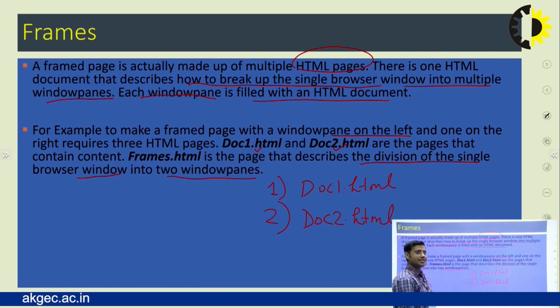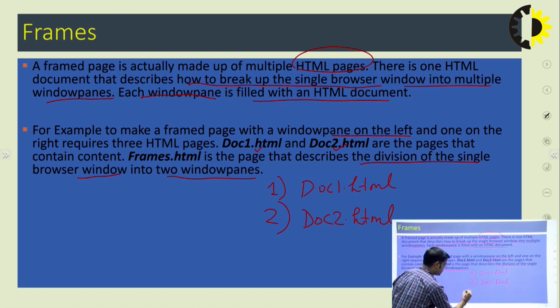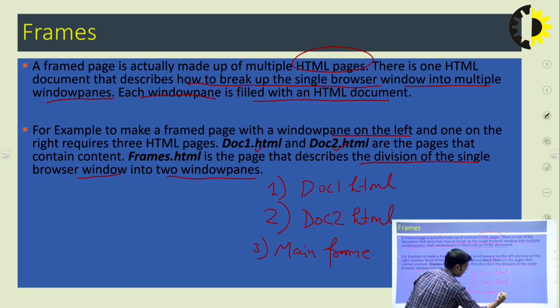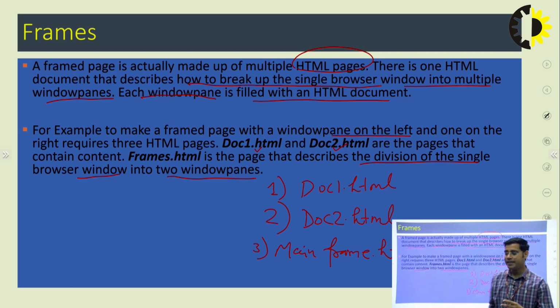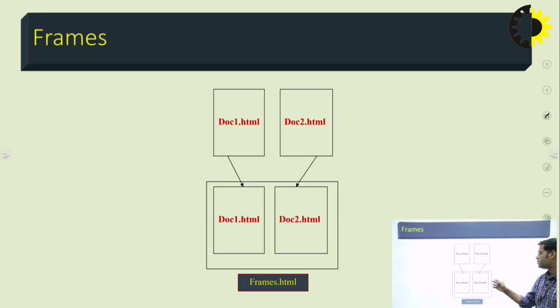This is my second frame, and the last one is the main frame, frames.html. Inside this main frame we have to insert these 2 frames, doc1.html and doc2.html, as you can see here.